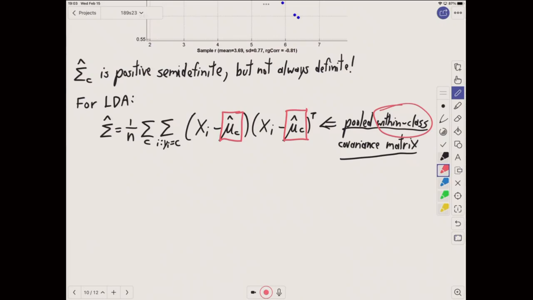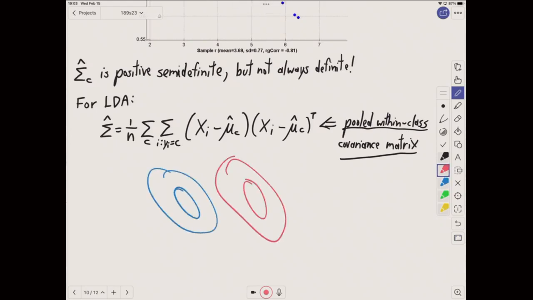And so one result of that is, suppose that one of your classes has contours like this, one of your classes has contours like this. Well, we're forcing them both to have the same covariance matrix, which is why they're tilted in the same direction, but we're not forcing them to have the same mean. The one on the right, this is mu for class D, and the one on the left, here's mu for class C.